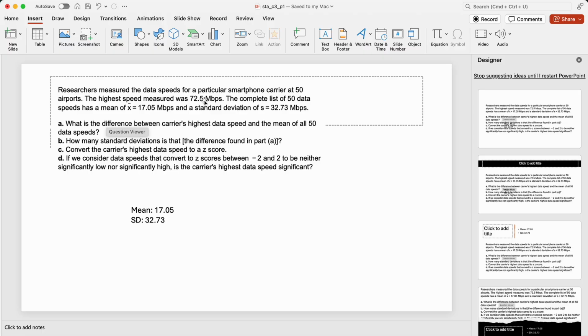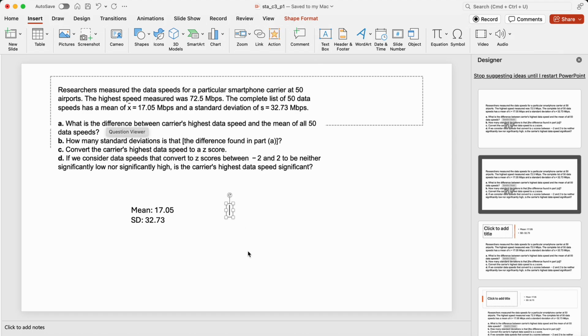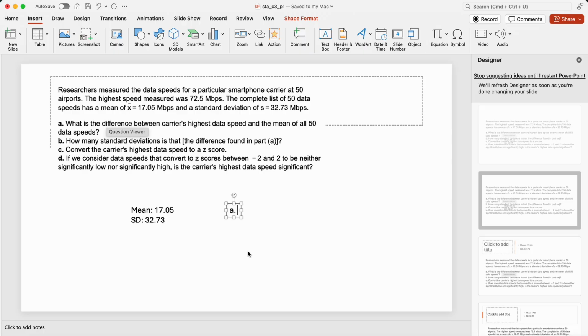There's a 72.5, which was the highest. And essentially, they're at some point wanting the z-score, but we need to break it into parts. So part A is literally just saying, hey, can you go ahead and take the 72.5 and compare it to the 17.05 mean? And so let me do that in my calculator real quick.